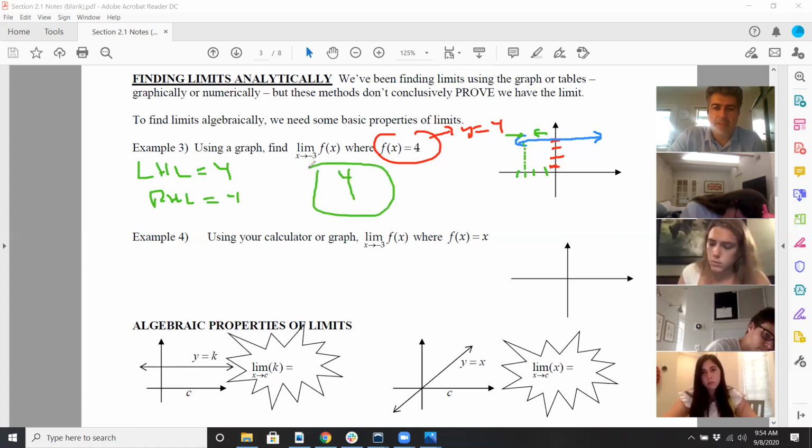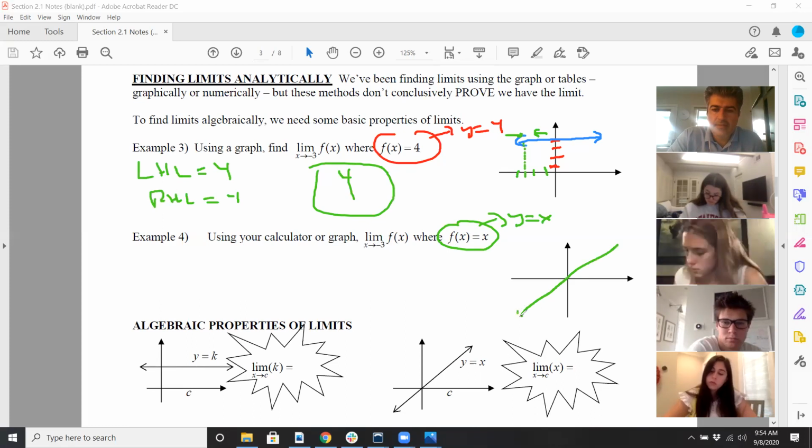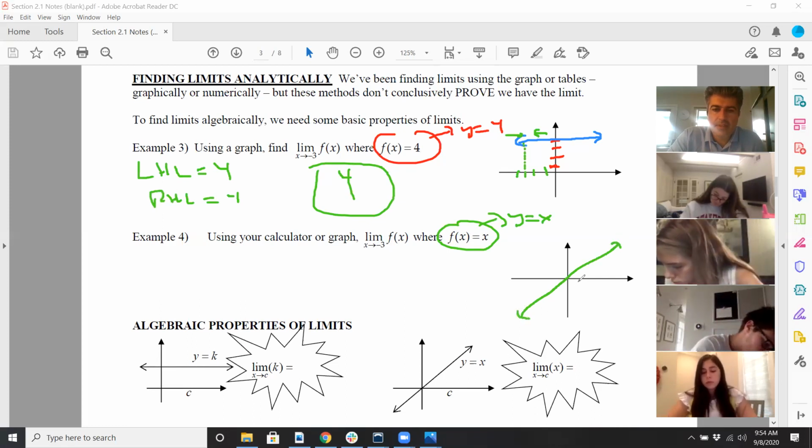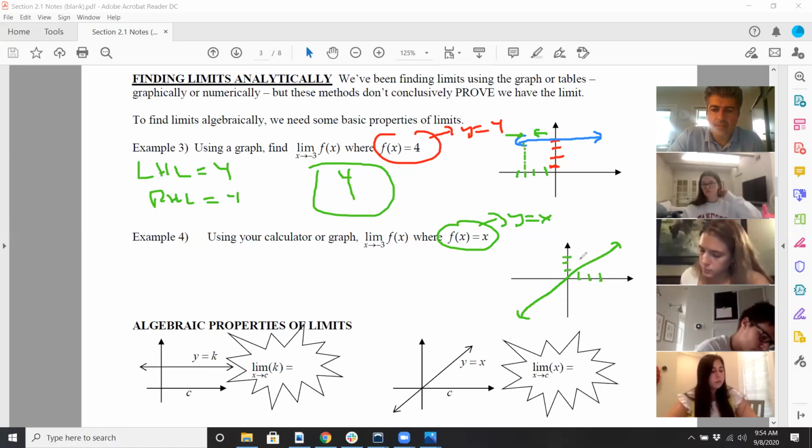There you go. Now, let's say we use a calculator or a graph, doesn't matter, for the function y equals x. So I'll shine a little spotlight. So x is approaching -3.